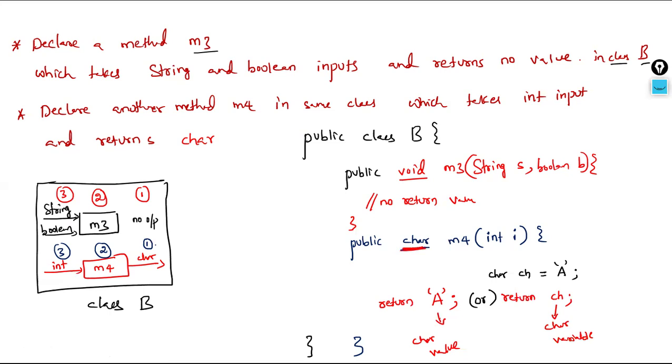Otherwise, we'll be wrong. Understood? Yeah. So this is the Java code for this second requirement, where again a class can have methods with input, without output, and methods with input and with output as well. I covered all four discussed types with these four examples. Any questions here? No?